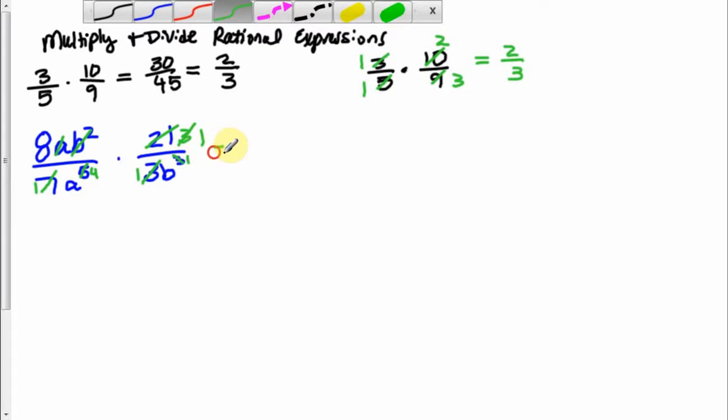So I think I'm ready to write my answer. 8 times 1 is 8. Don't let me miss something. Over a to the 4th b. I believe that's correct. Do you think that's correct? Did I miss anything?